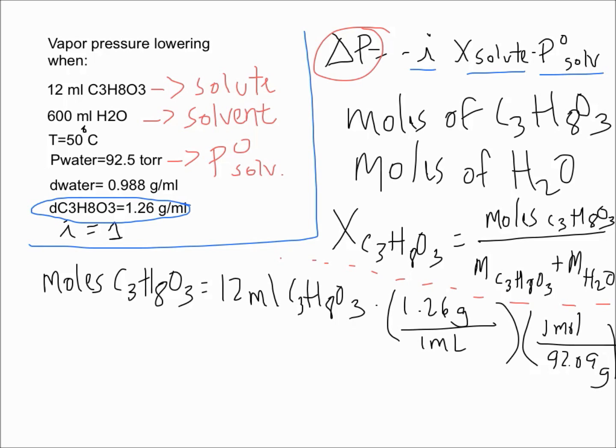Let's check our units. Milliliters will cancel out with milliliters, grams cancel out with grams, and we're left with moles. And the answer is 0.164.